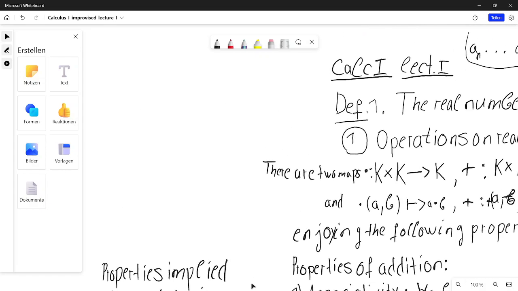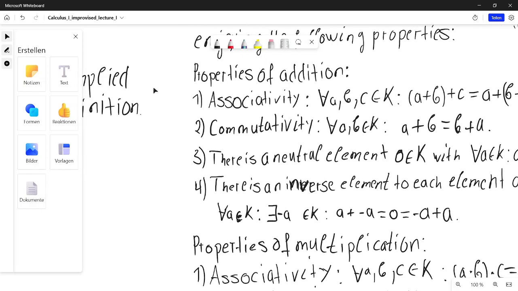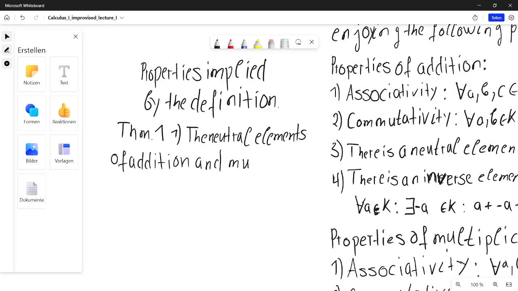Theorem one, and let's just go through the stuff like the neutral elements of addition and multiplication are respectively unique.